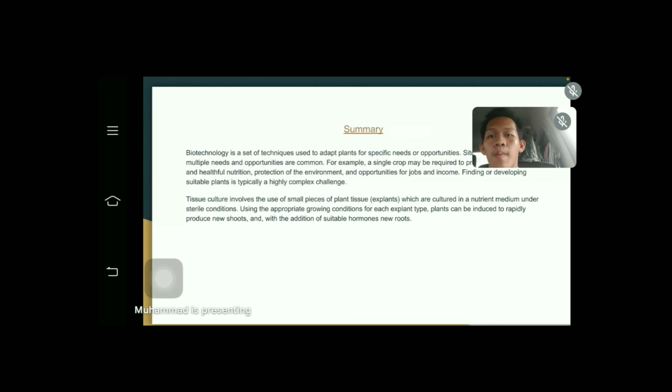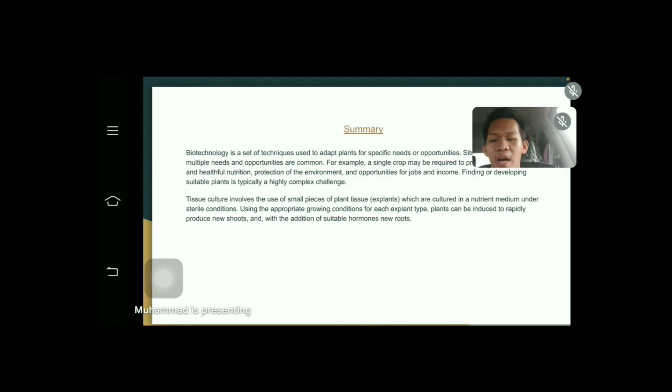And the last one, the summary of biotechnology. Biotechnology is a set of techniques used to adapt to specific needs or opportunities. Situations that combine multiple needs and opportunities are common.